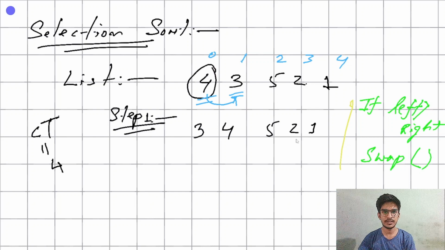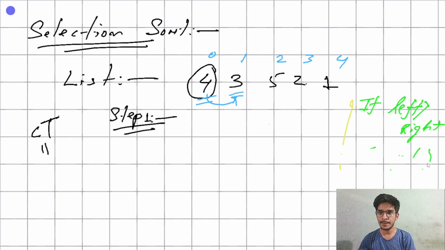Basically, no, it's not like this. It will take count of this 3, right? Now 3 is smaller. If 3 is smaller, we don't generally swap.